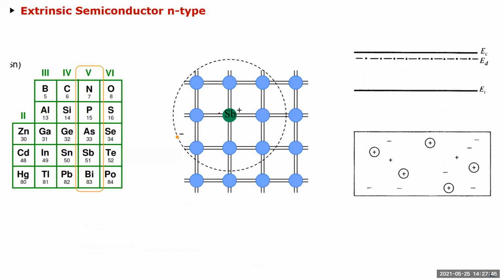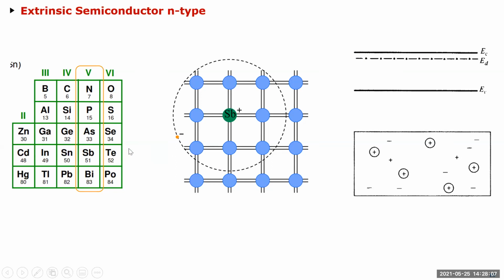Now, if you take a group 5 element, which has five electrons on the outer shell, one extra, and typically you can't use all of these, some of these just won't work with silicon. Antimony, Sb, is probably the one used most, or phosphorus.